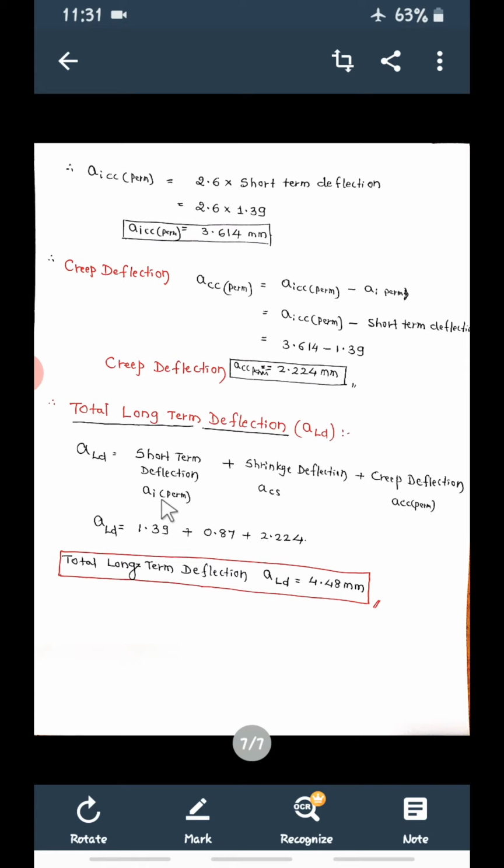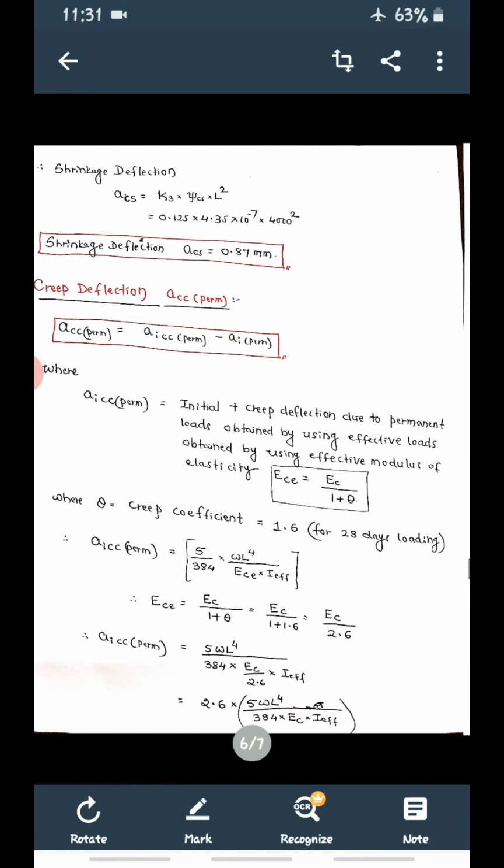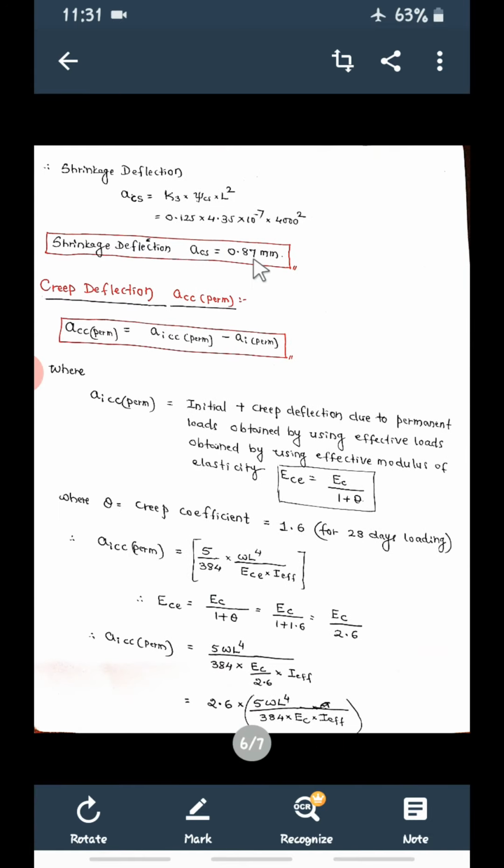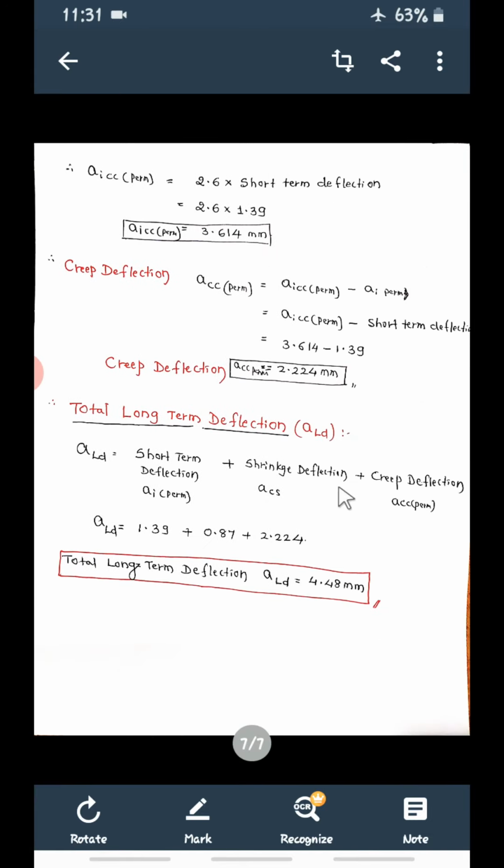That is AI permanent, short term deflection 1.39, plus shrinkage deflection 0.87, plus creep deflection 2.224. So add all the three, we'll get ALD equal to 4.48 mm.